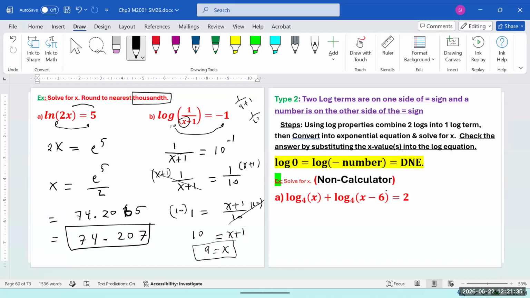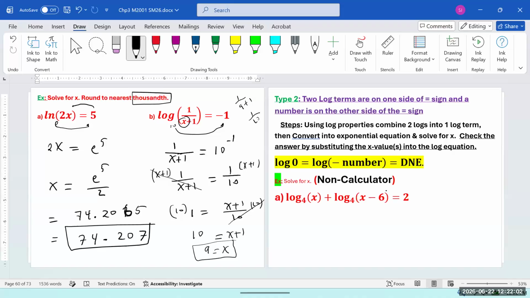So combine the logs and then do whatever you did in the last two examples. And remember, anytime you have log 0 or log of a negative number, they don't exist. So you have to check your final answer.